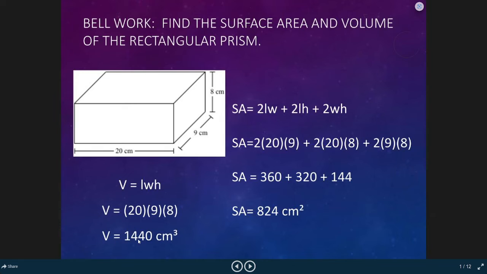So 1440 cubic centimeters, or cc. 1440 cc. Okay, they're the same. Next.